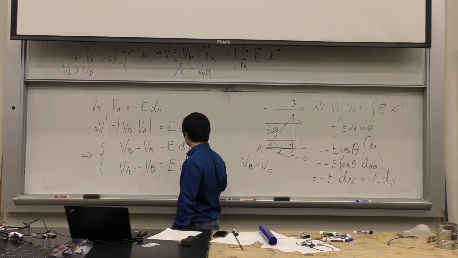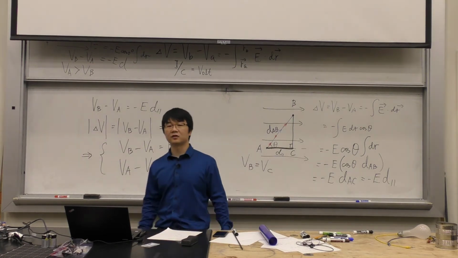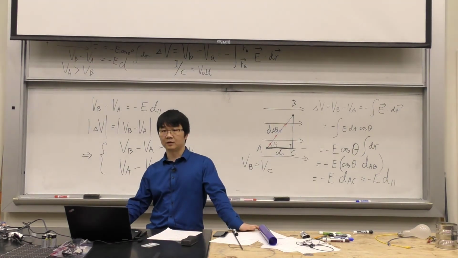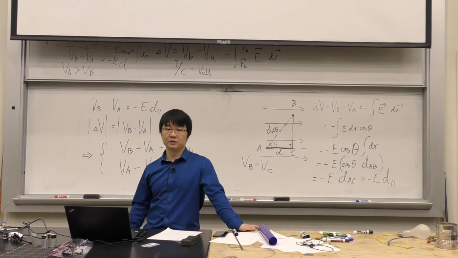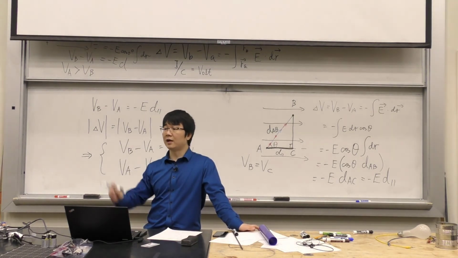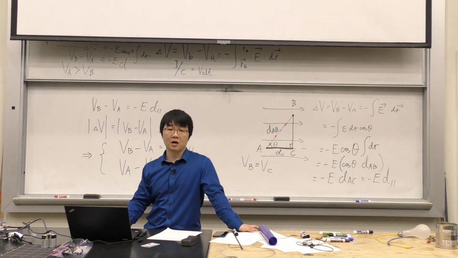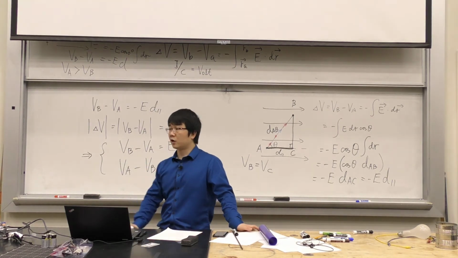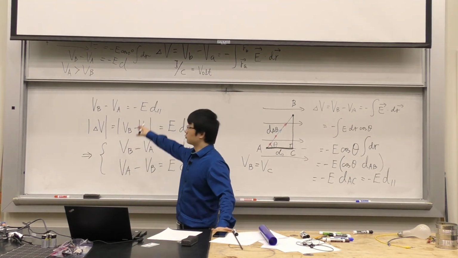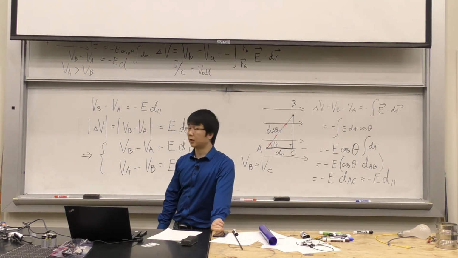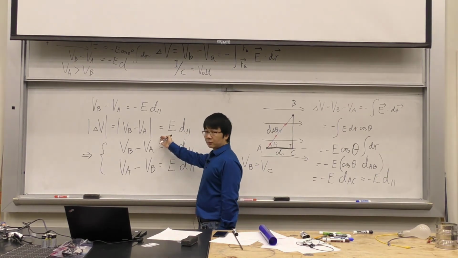That's how I'm going to use this conclusion, because I don't know how you're going to label A and B. Is A always on the left, B always on the right? Is A always at the top, B always at the bottom? No, I don't know. So how do I know which one minus which one is going to be negative? That's what I'm going to do.